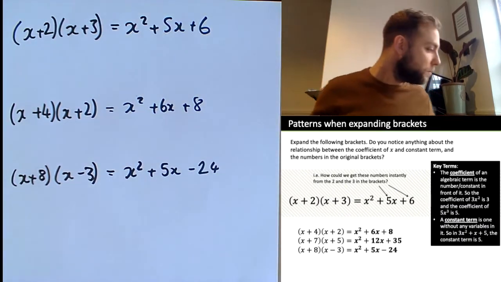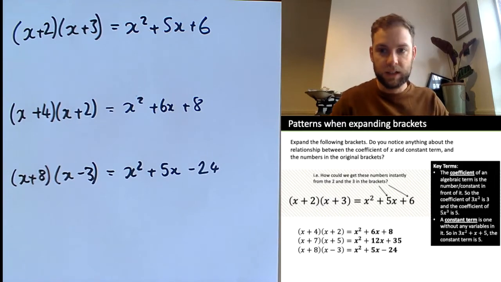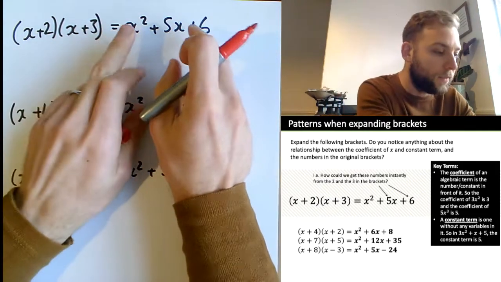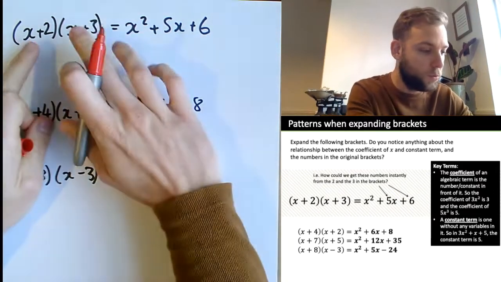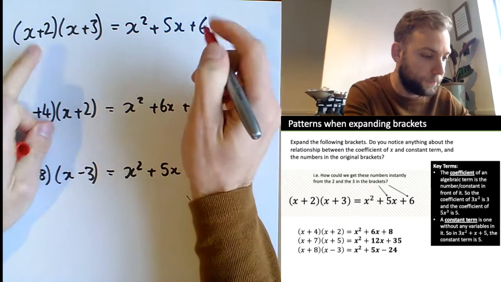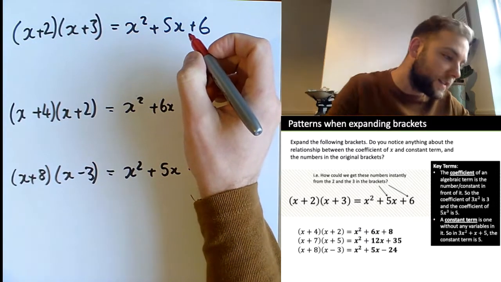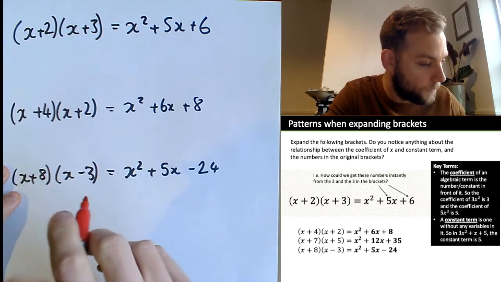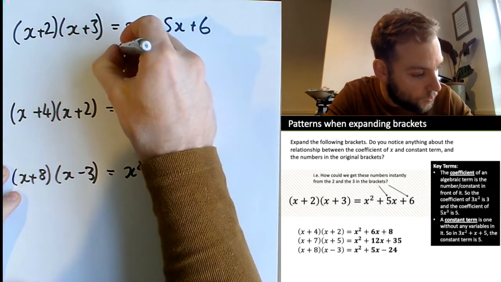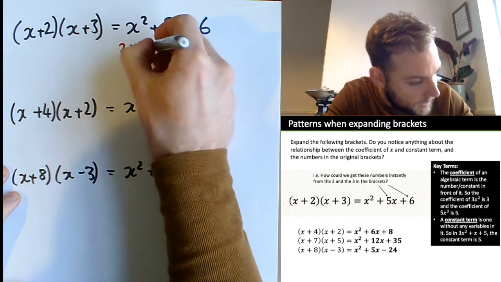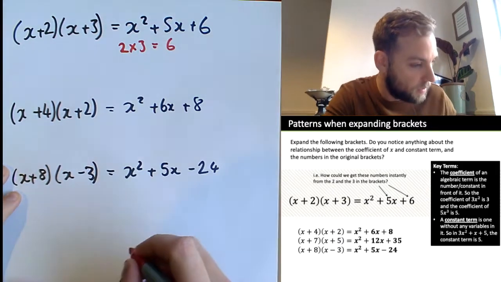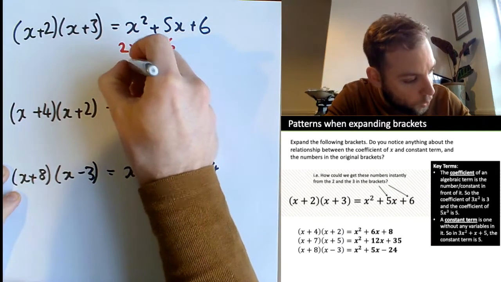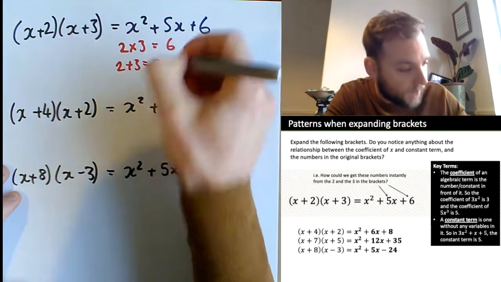What you might notice is that I've got to find a way of linking this side with this side. What you've got to try and spot is this: think about the 2 and 3. 2 times 3 is equal to the 6 on the end, and 2 plus 3 is equal to the 5 in the middle.